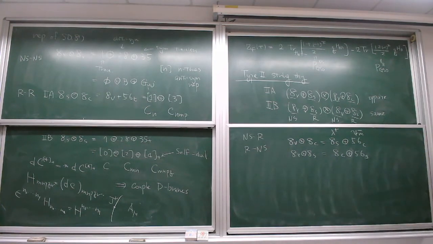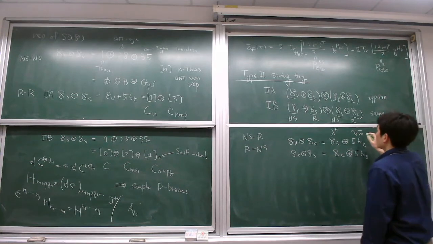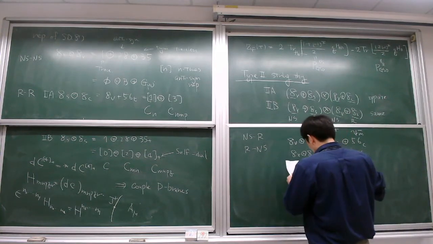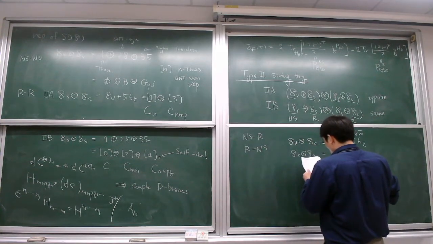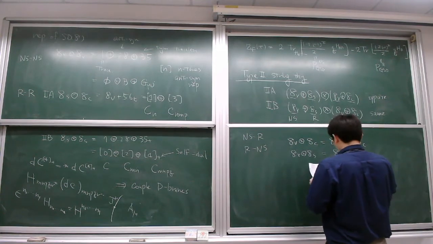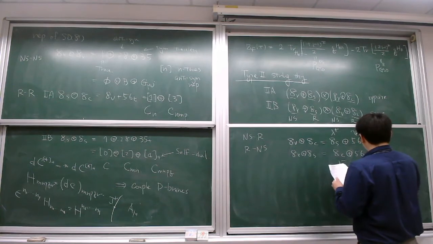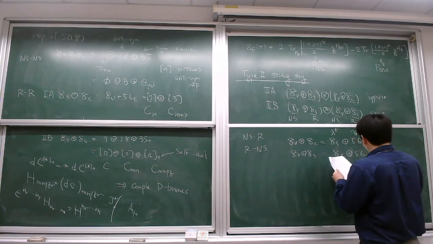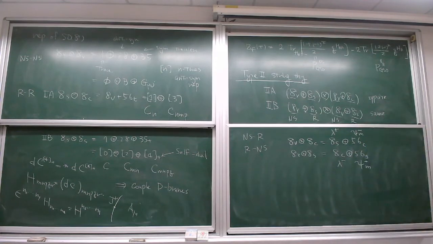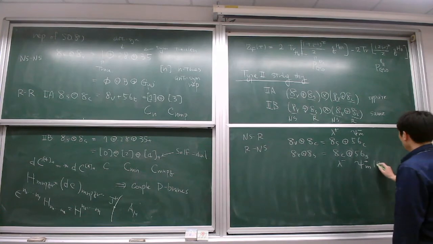So this 56 is indeed the super partner. So this is the Gravitino, and this is called the Dilatino, lambda minus and psi plus. This one is psi plus. So we just use the notation. This is called Gravitino.